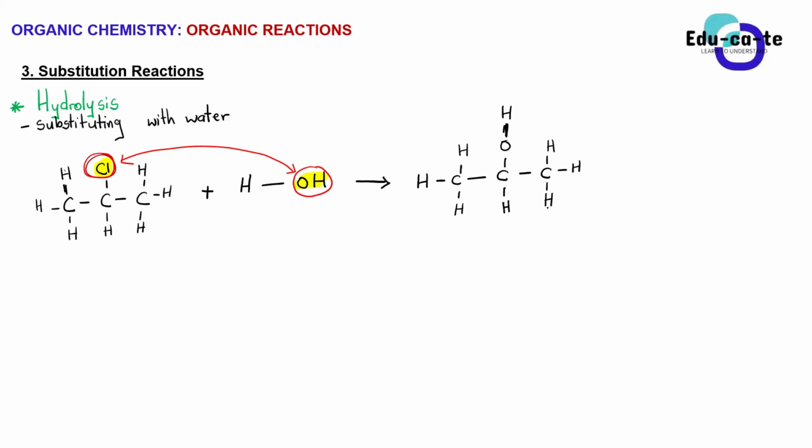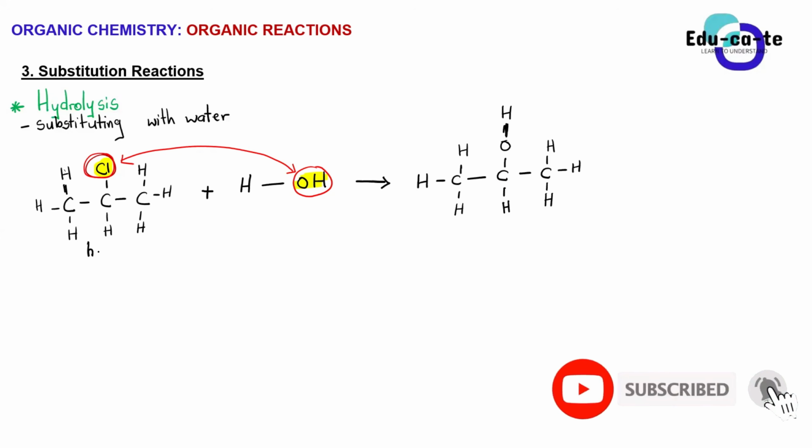So did you guys see what happened here? We exchanged Cl and OH, meaning that, in other words, we can say that we have replaced Cl with OH in that compound. So we have substituted Cl for OH, turning this from being a haloalkane.